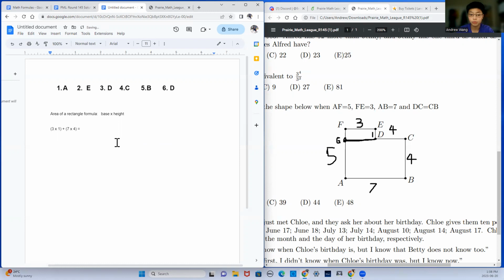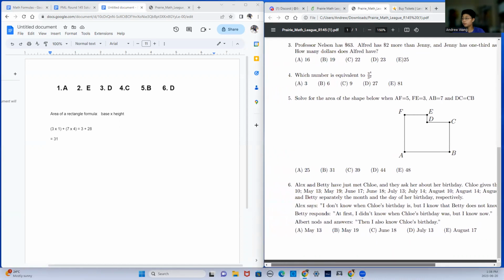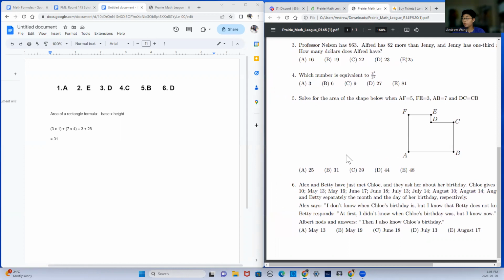It equals 3 plus 7 times 4 equals 28. 3 plus 28. And therefore, the area of this entire figure is 31. Here, I'll just clear all drawings. So therefore, the area of this figure is 31. And the answer is B. That's what I've written here.